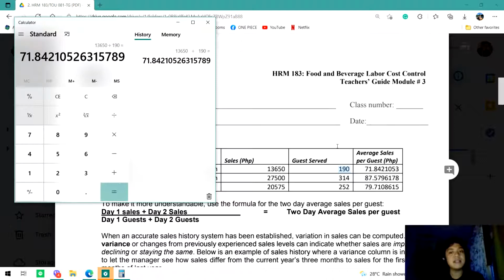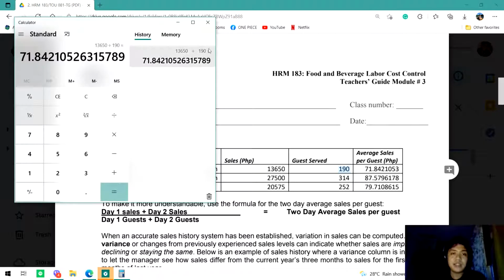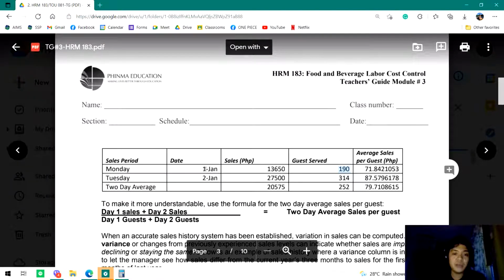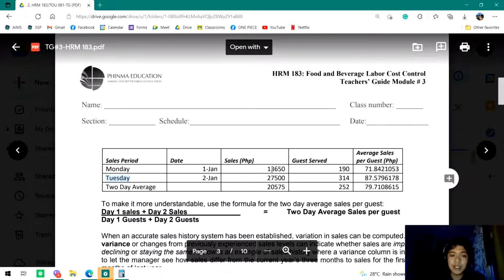Tama ba ang lumabas? 71.84. So, ibig sabihin, dito nung Monday, nung January 1, ang average na nailabas ng mga guest natin per guest is 71.84 pesos. Next, sa Tuesday, ganun din.